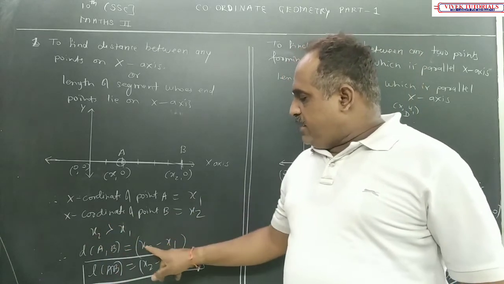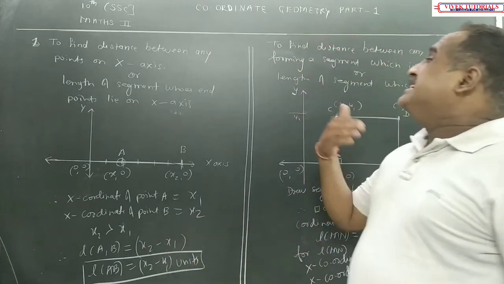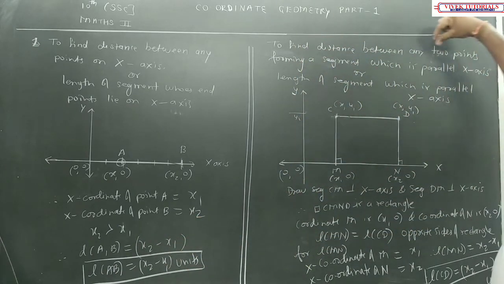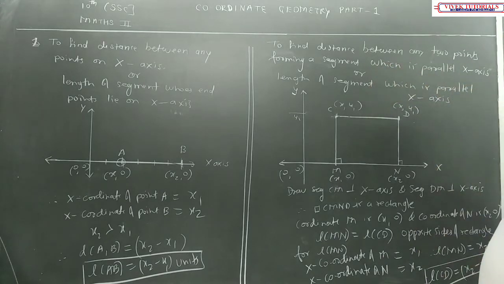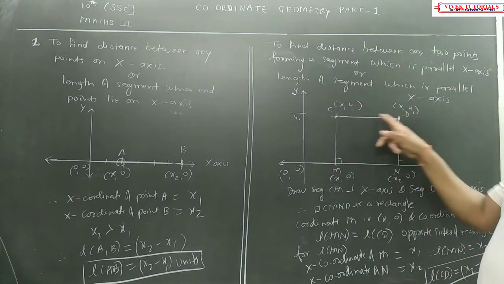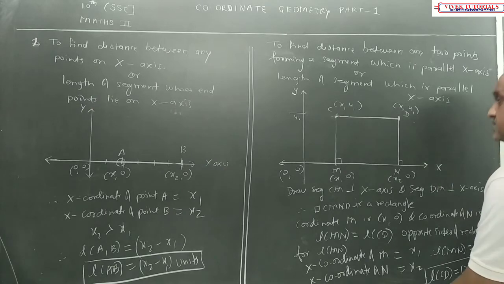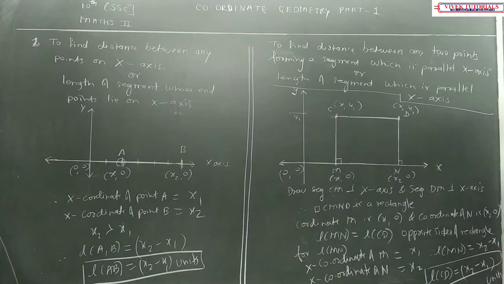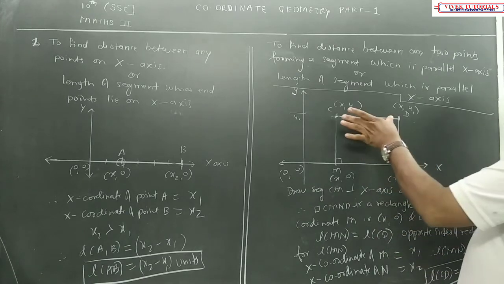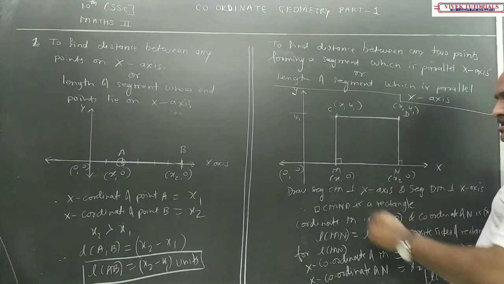So the distance AB is x2 minus x1. Similarly, to find out the distance between any 2 points forming a segment which is parallel to the x-axis, or the length of a segment which is parallel to the x-axis. Now, this segment CD is parallel to the x-axis.